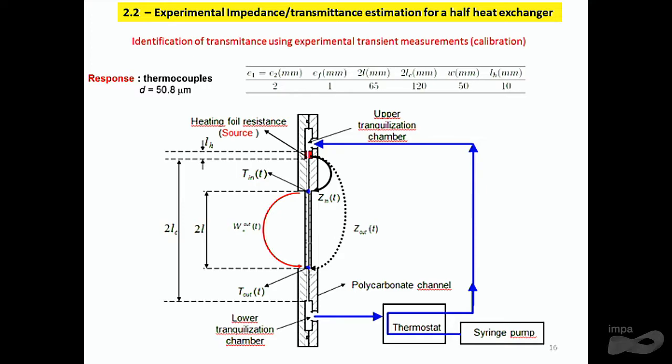So it's not a heat exchanger, it's a half heat exchanger because there is only one flow. There is an inlet chamber here, the fluid flows and goes here. Here we put a small heating resistance and very small thermocouples here and here. So here you have the impedance, between this point and the source, and here you have the transmittance.